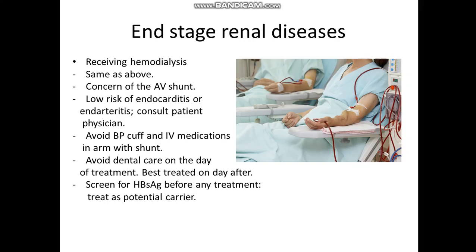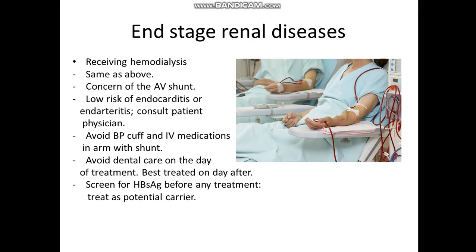This should also be discussed with the patient's physician, because as I mentioned in the previous lecture, some of the antibiotics might be nephrotoxic to the kidney at high doses. We have to avoid blood pressure cuffs and also IV medications.